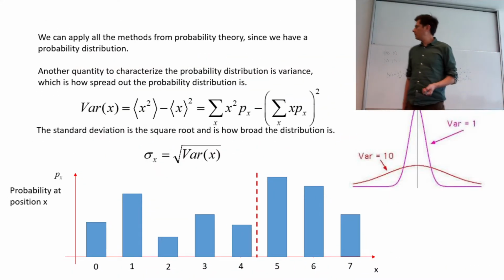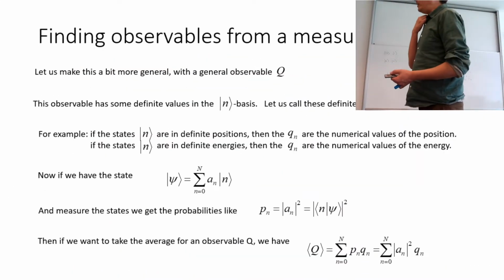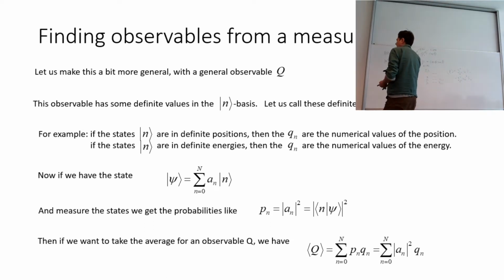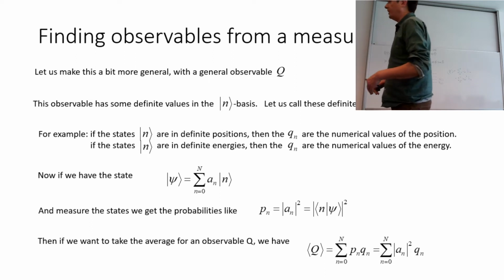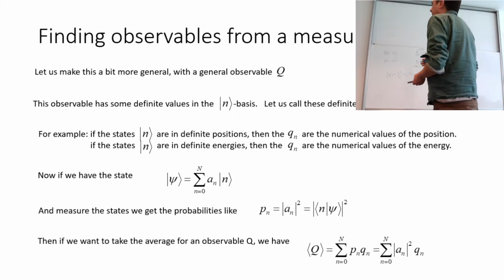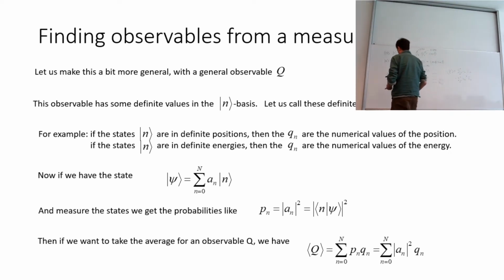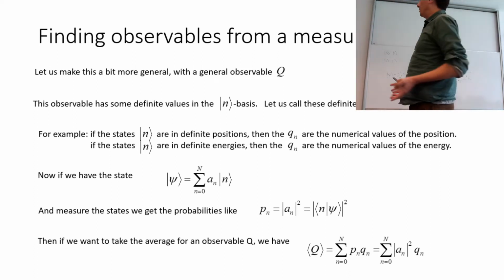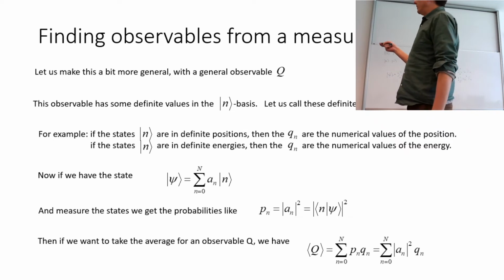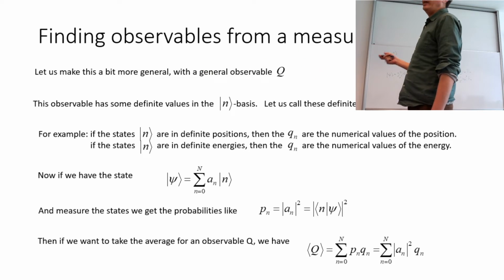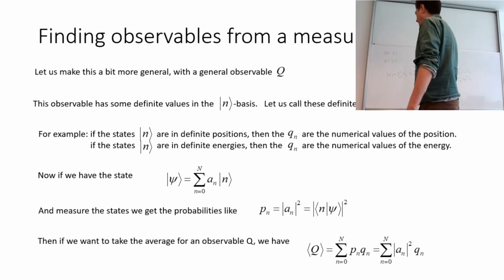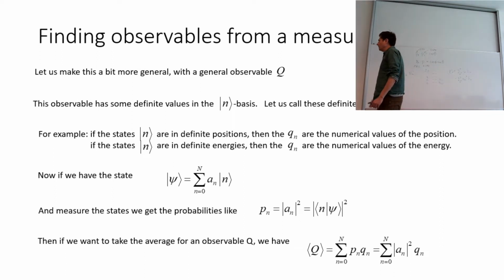Okay, so that's the basic idea, but now let's make some nice mathematics out of it. Let's generalize this whole idea. Suppose you have some observable Q. This might be position, energy, something that you want to measure about the system.